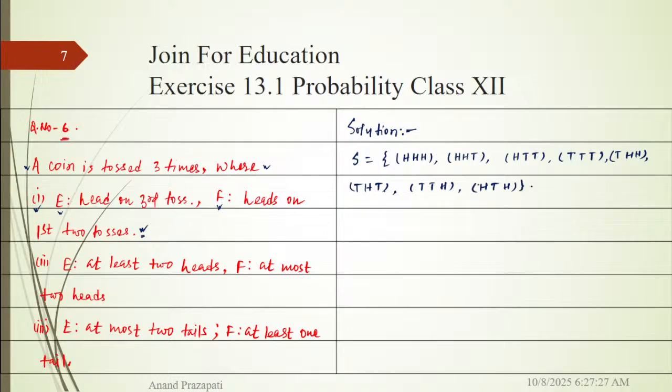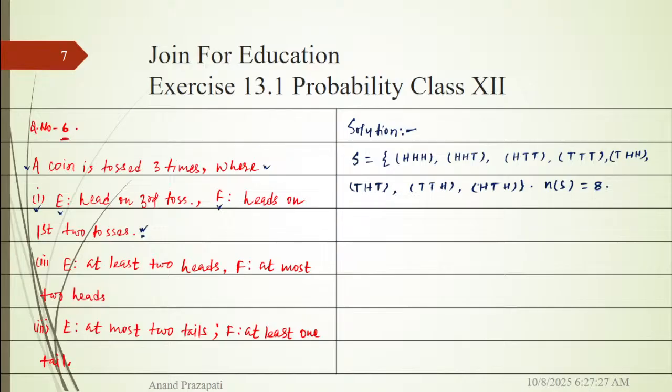So 1, 2, 3, 4, 5, 6, 7, 8. So the sample space has 8 sample points, or this is known as the number of sample space. Here it will be 8. There is no problem to understand up to this step.